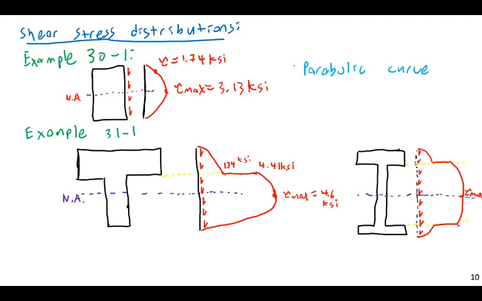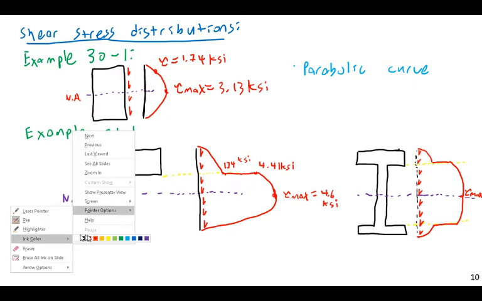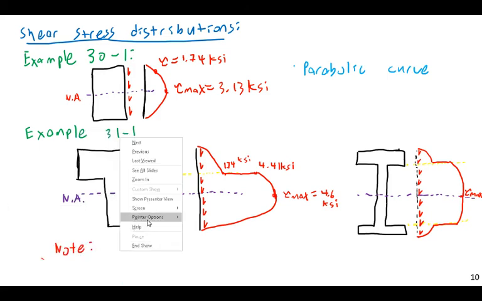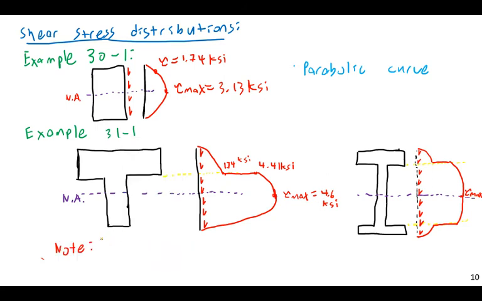For ordinary loads and ordinary sections, it tends to be a parabolic distribution, only broken by discontinuities in the geometry, I should say. A few points of note. Note tau equals 0 at the edge, and this ultimately comes down to Q equals 0.